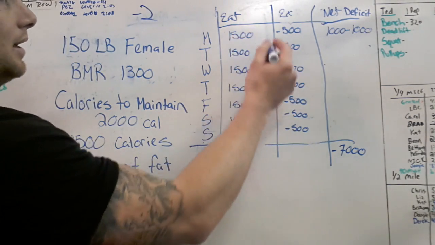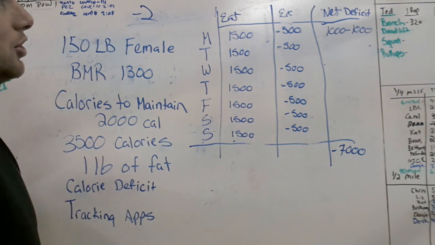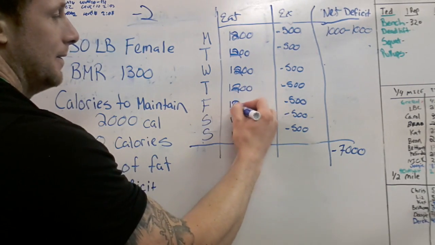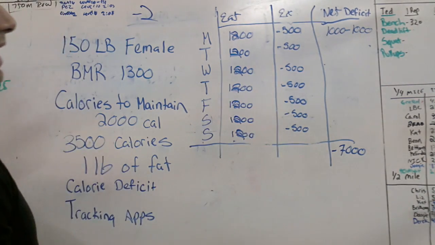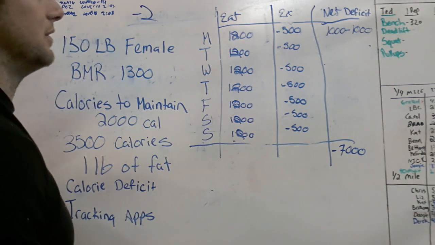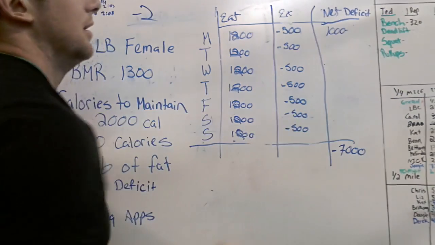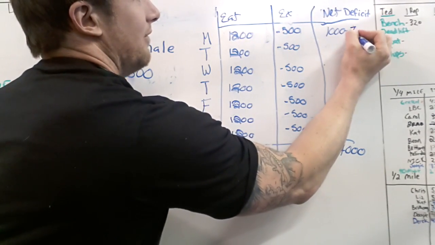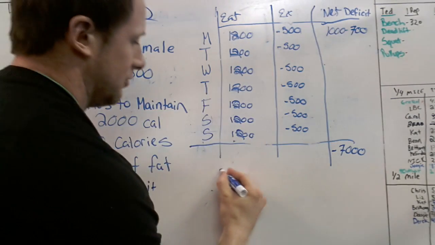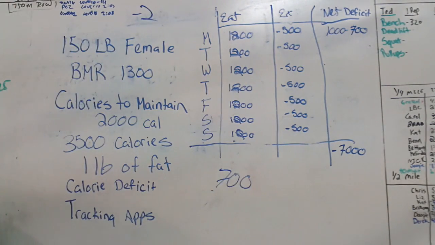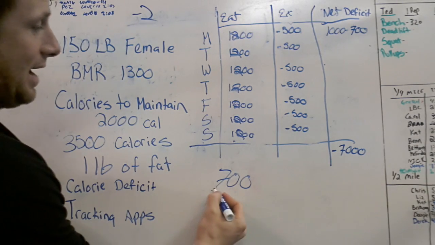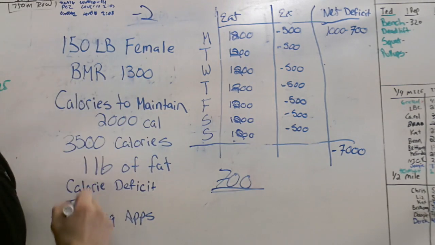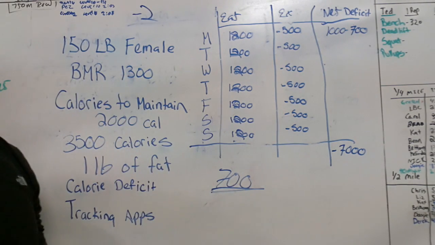When you try to create a deficit that's so large, say you ate 1,200 calories like so many people try, and then we exercise on top of that, now all of a sudden, we're at 700 calories. This is just in general, 700 calories to maintain our body and take care of itself. Now that, as we saw earlier, 700 calories isn't even enough to sustain daily just living.